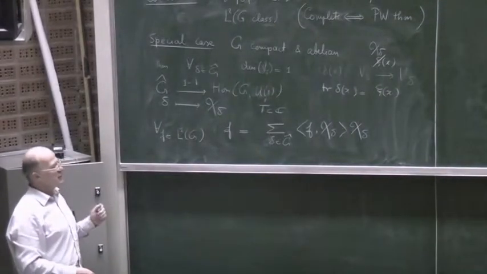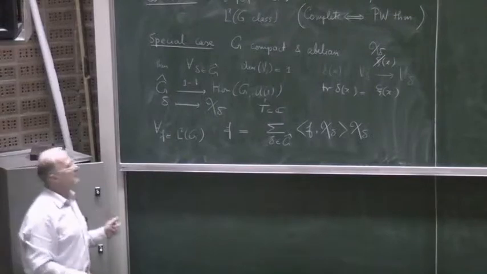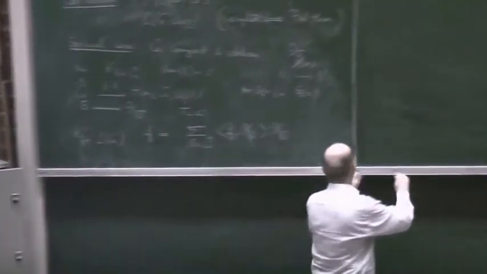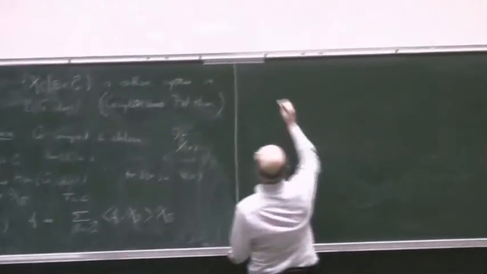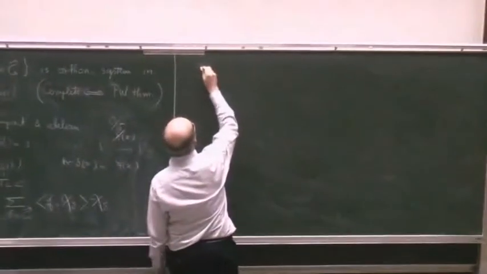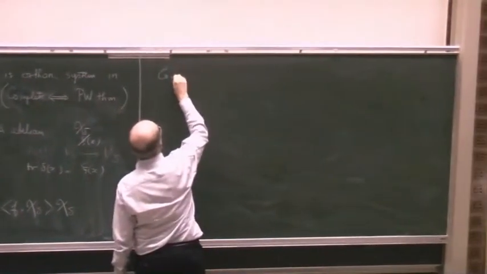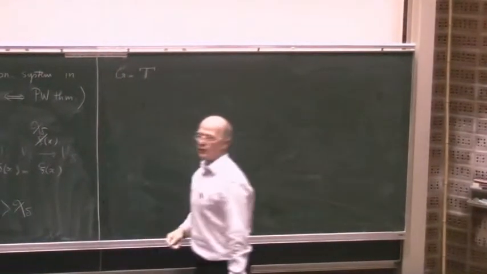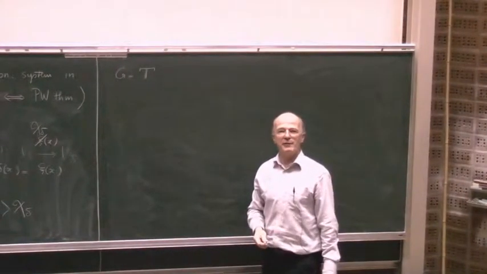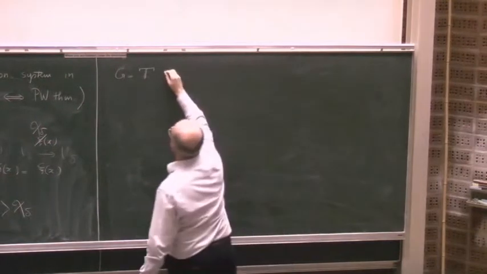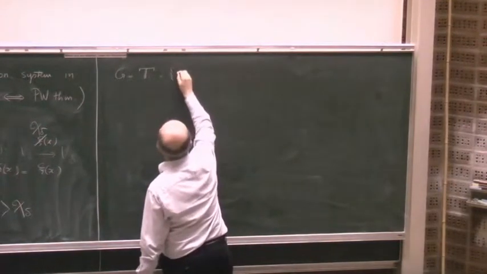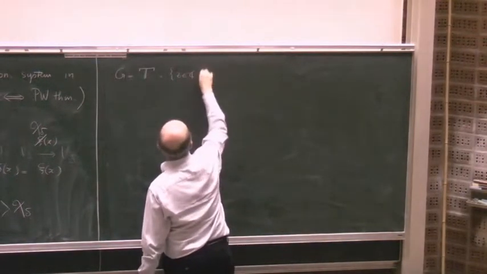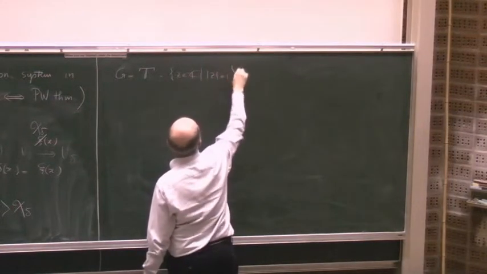Now, particular situation of the unit circle. So now we take as our special case the unit circle. So what is the space of characters? The group is complex numbers of length 1.